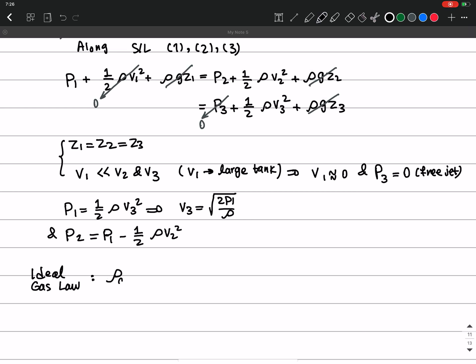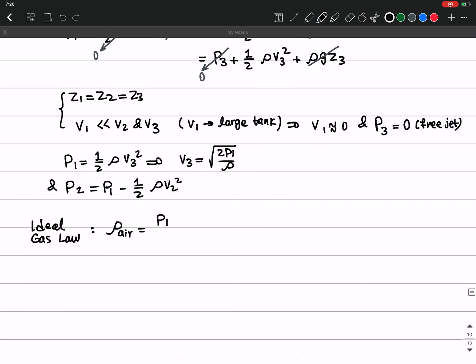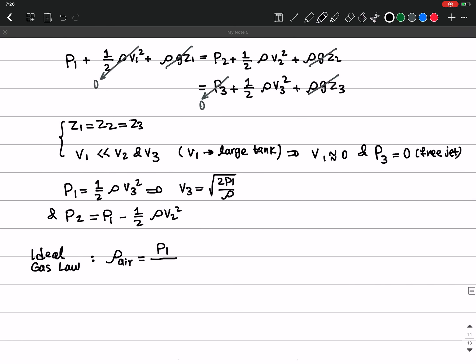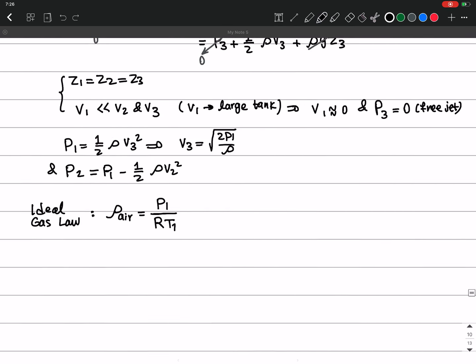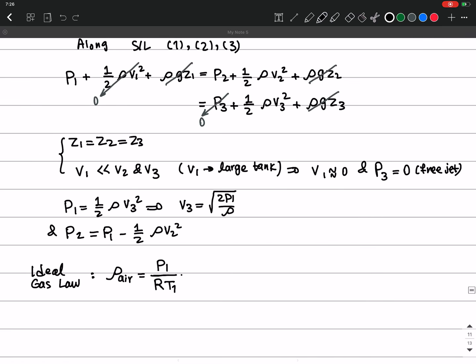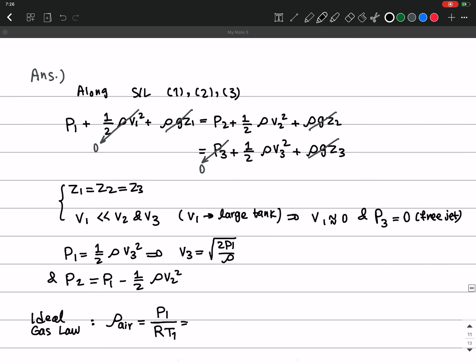So rho air equals P1 over R T1, right? The T of air here is also given. So what is P1? P1 is 3 kilopascal. So I'm just going to write it down.